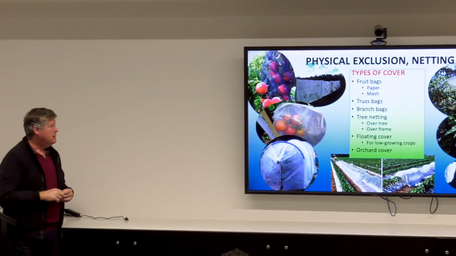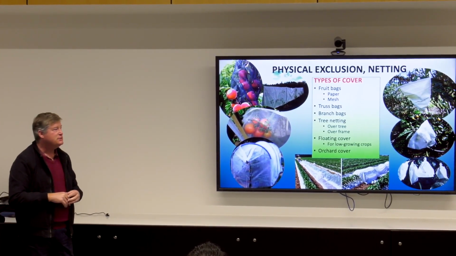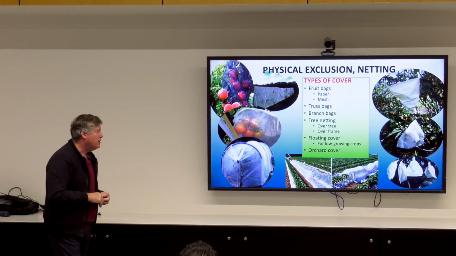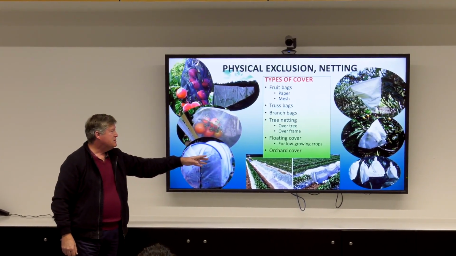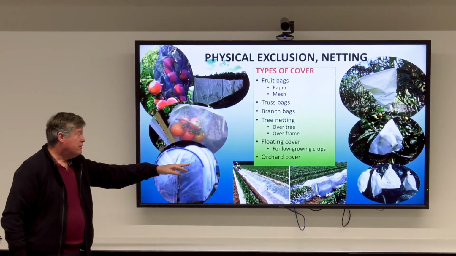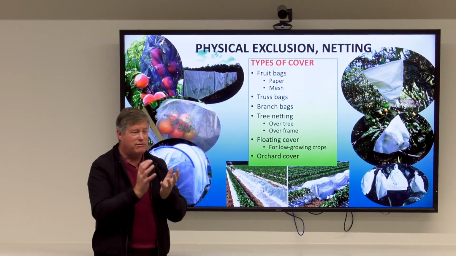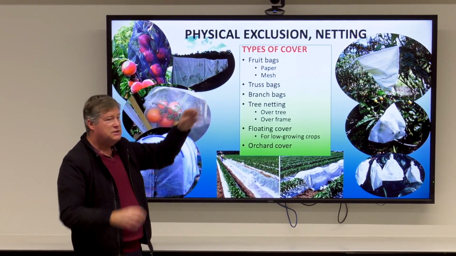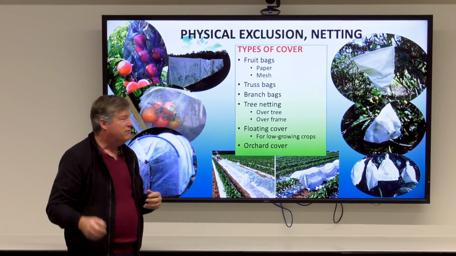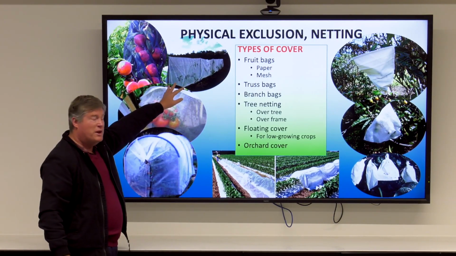Exclusion netting is highly recommended for home gardens that are affected by fruit fly. You can get single fruit covers, which are quite often used in Japan and China and all that for highly valued products. Or you can get sleeves that cover over a truss or a bunch of fruit along a branch, or you can get almost a whole orchard.